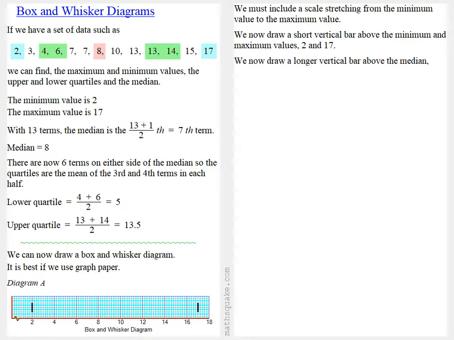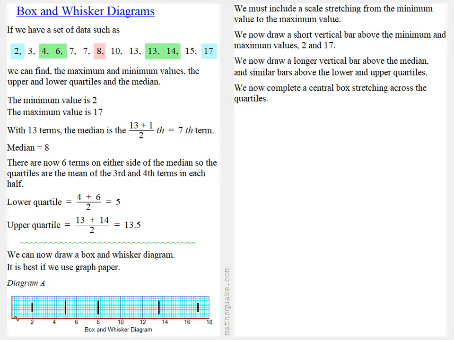We now draw a longer vertical bar above the median and similar bars above the lower and upper quartiles. We then complete a central box stretching across the quartiles and then draw 2 whiskers out to the minimum and maximum values. And this is our box and whisker diagram.